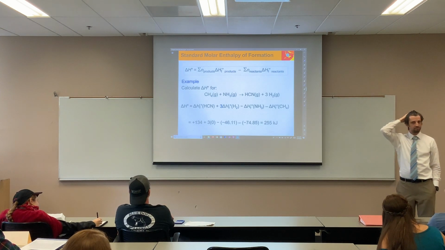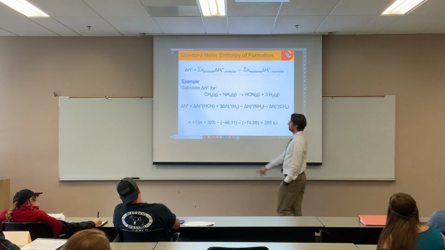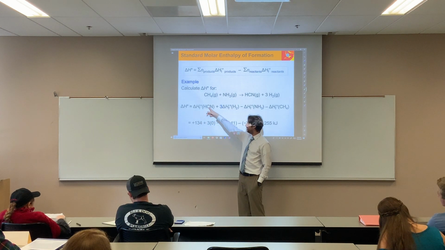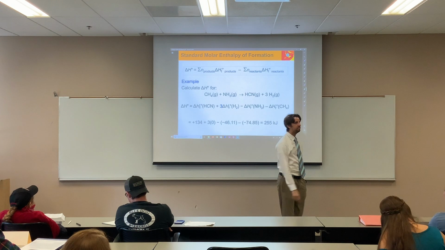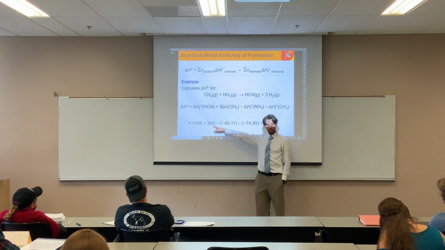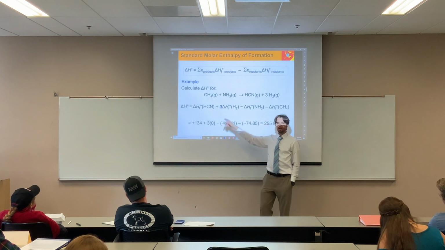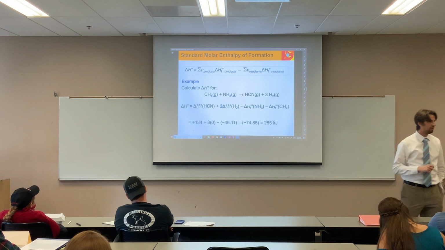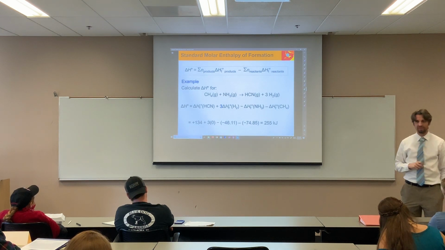Good? Yeah. So what does this 134 represent? The enthalpy of formation of HCN. Got it? Why is this 0 here? H2 is the standard state of that element. Got it? So 3 times 0.